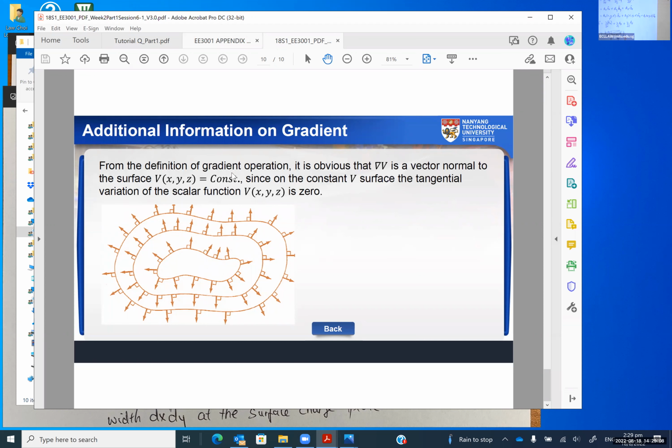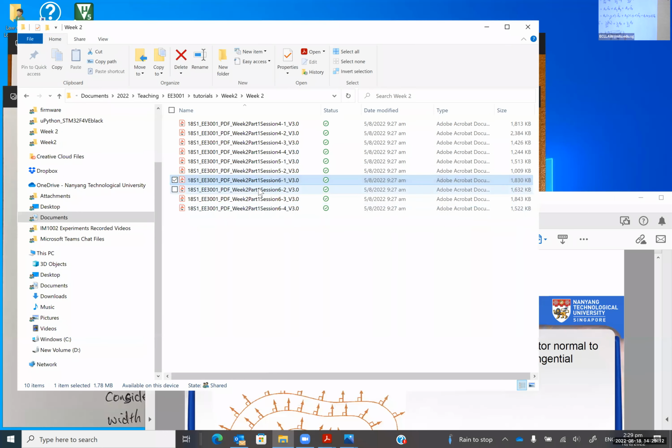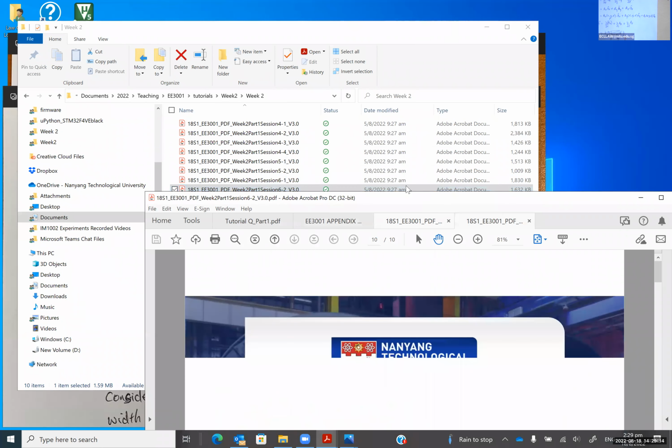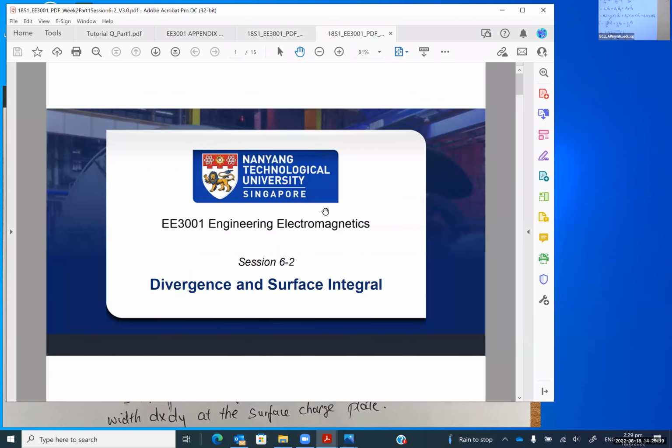Okay, so that's the first part. The second part on section 6 is this one, which is divergence and surface integral. Any questions on this set? Divergence and surface integral?